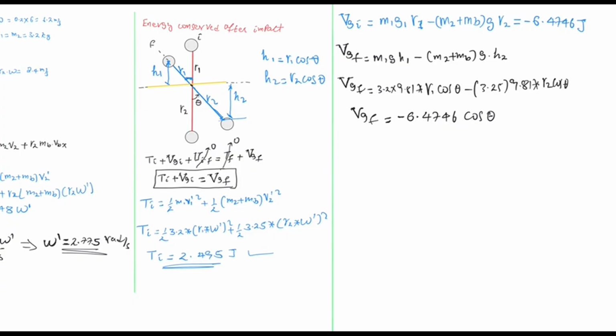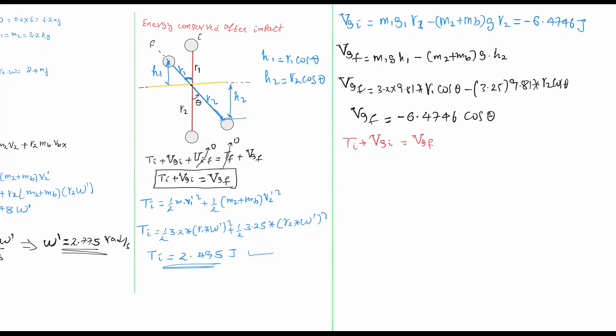Now by using the previously derived equation from the conservation of energy, we can substitute all parameters, then we can get the unknown parameters. That means Ti plus Vgi is equal to Vgf. So let's substitute all the values.